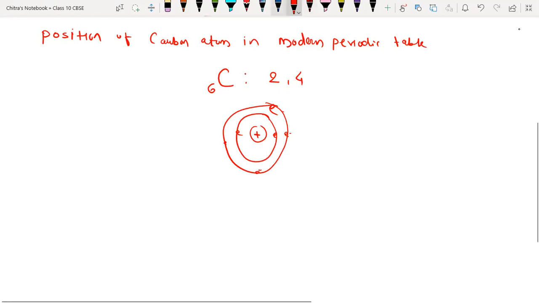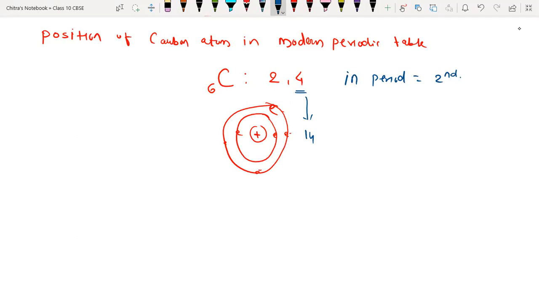So I'm going to write here, in period, it is second. It has 4 electrons in its outermost shell. It belongs to the 14th group, because we know the number of the group represents the number of electrons present in the outermost shell.